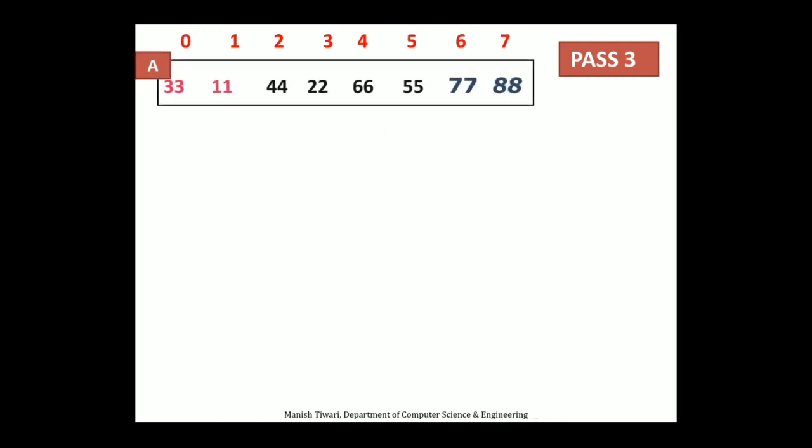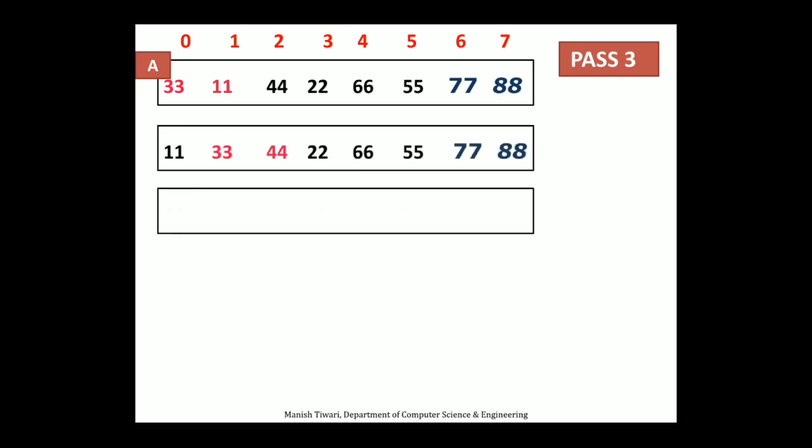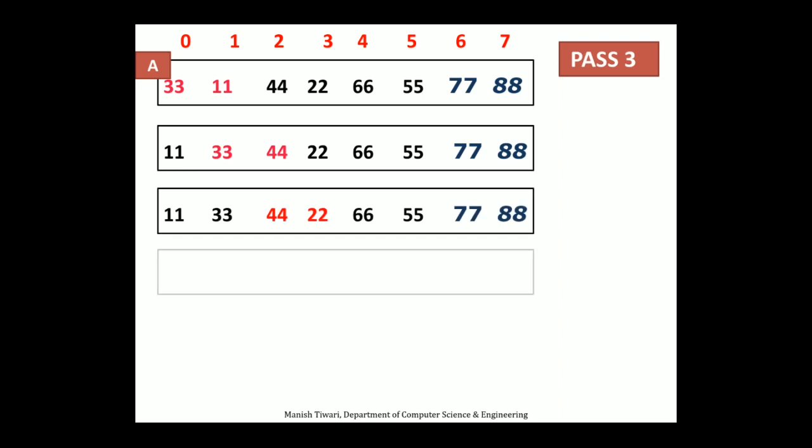So what will happen in the next pass? In the next pass we will have this array. The last two elements are already sorted, so they will not participate in this pass. Again we will do the same process: A0 and A1 will be compared, swapping will be done. Then A1 and A2 will be compared, no swapping will be done. A2 and A3 will be compared, there should be swapping.